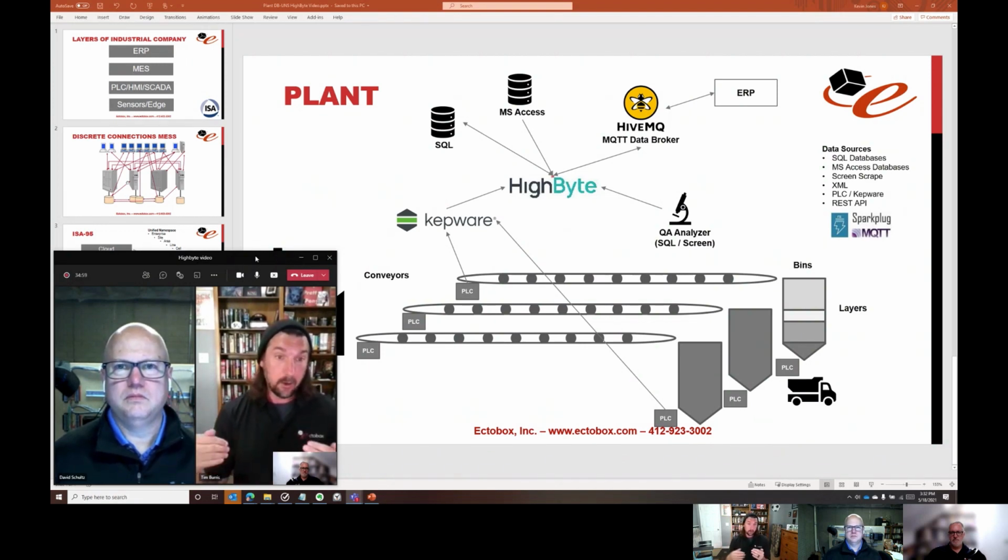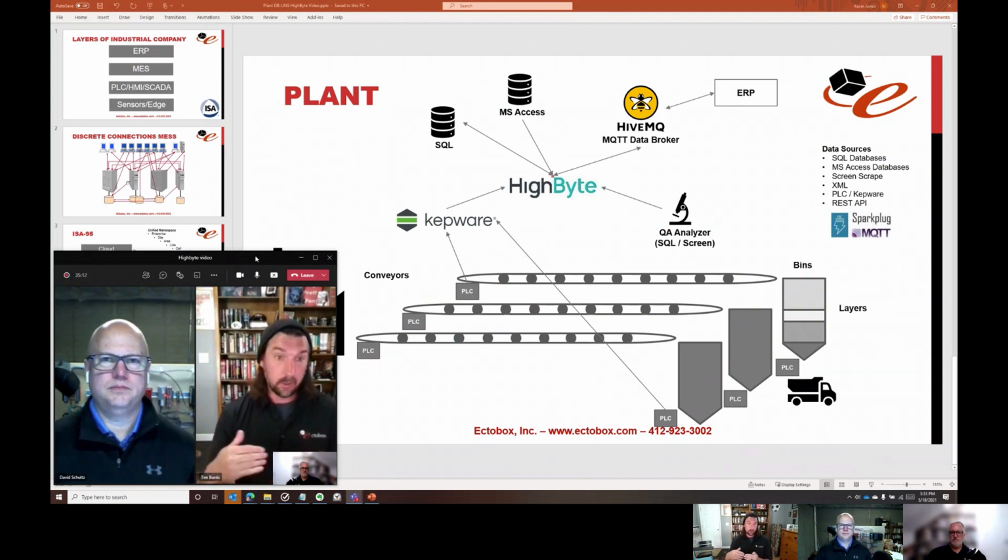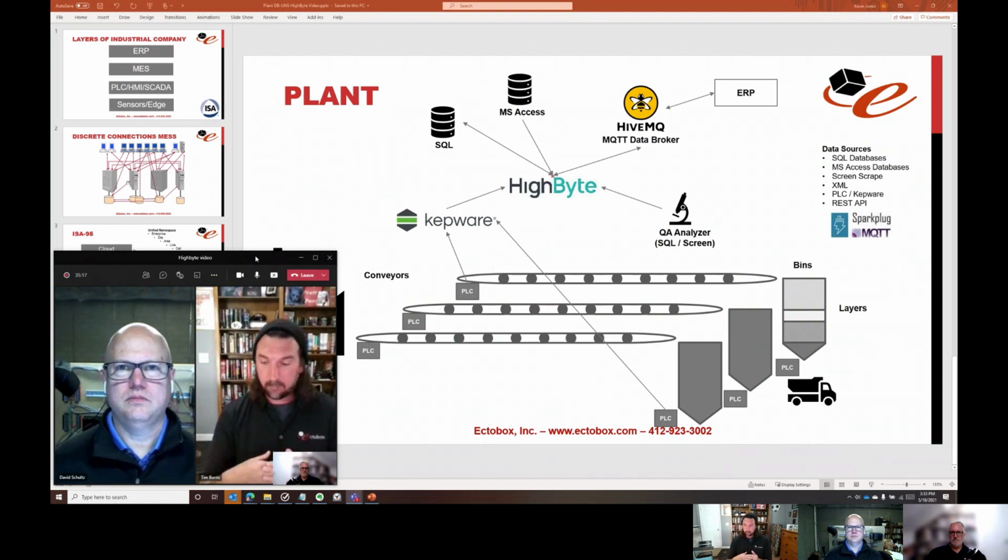So we know that this truck is here to pick up product for a specific customer. And that customer requires product to have a moisture level of 2% or less. So that's important because the operator who's going to load that truck needs to know what quality of product to put into the truck.